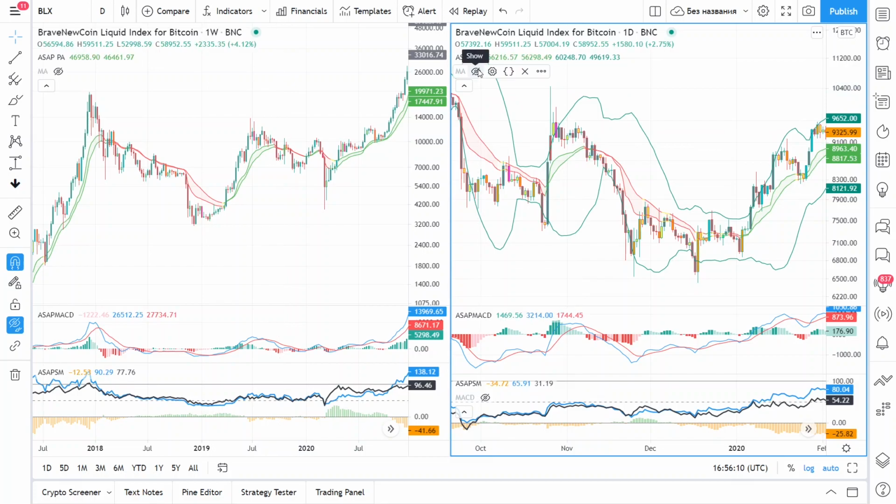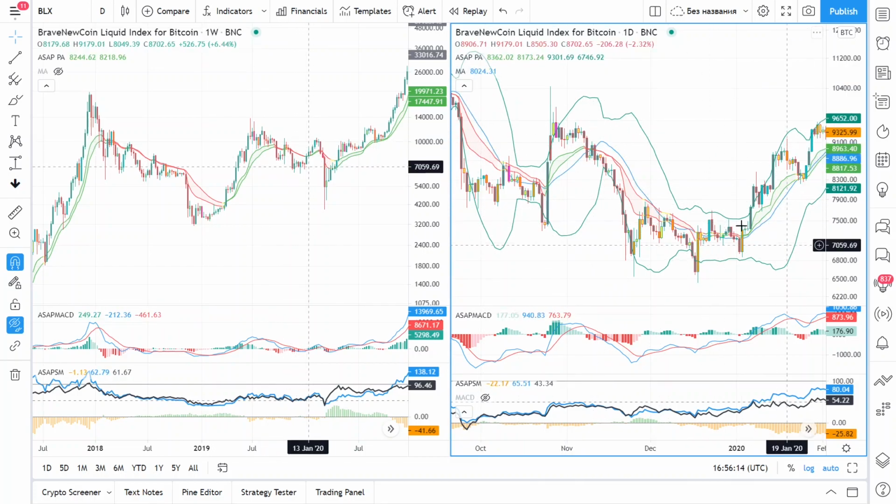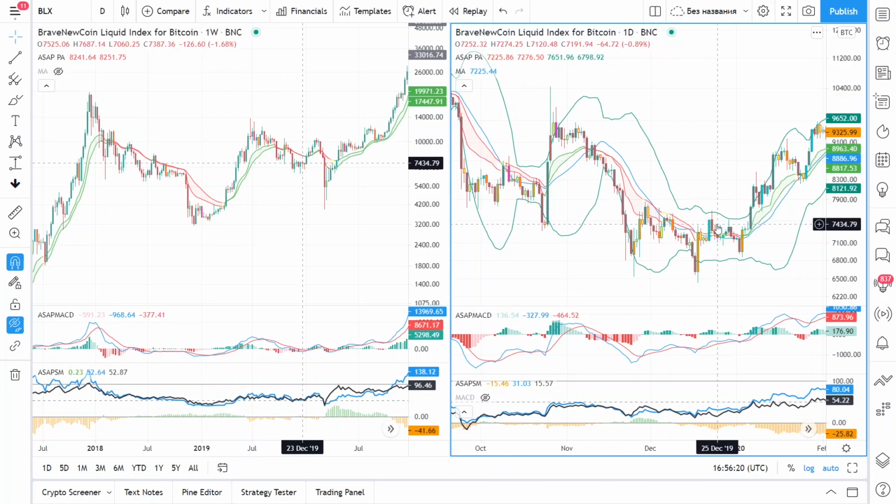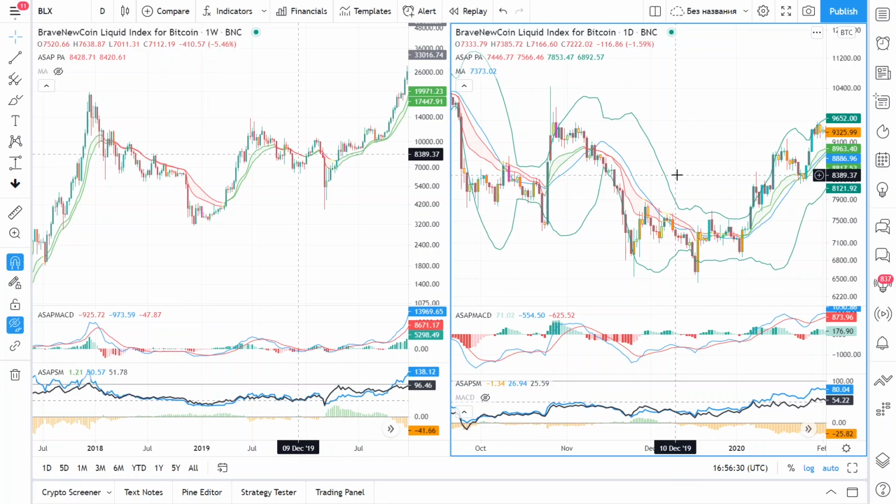But let's plot this one here in blue. Using a 20 period simple moving average, or better to say using a single line to determine dynamic support and resistance, is tricky sometimes. In this example here, you can see a close above it.